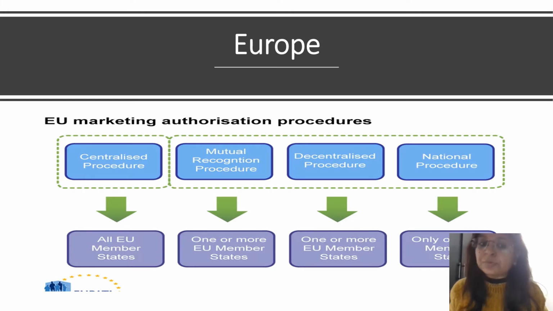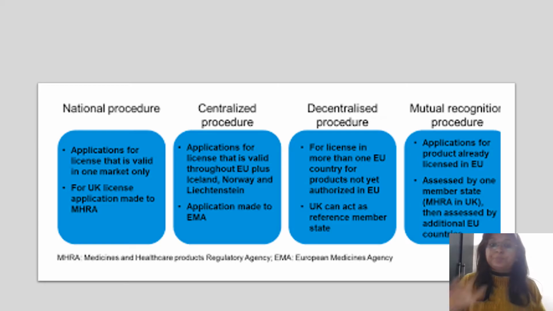From the centralized procedure, you can reach all the member states at the same time. All the countries in the European Union, you can market your product. Now, the mutual recognition procedure and decentralized procedure we are going to see in a later part of my presentation. So again, this is about the basic difference between all these four routes.